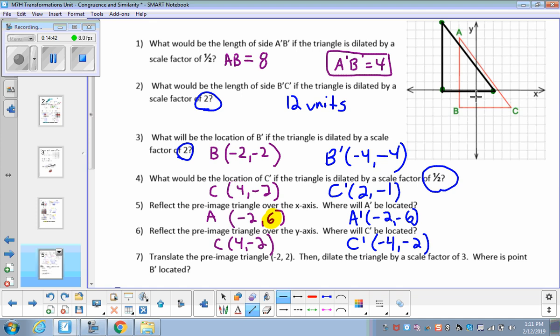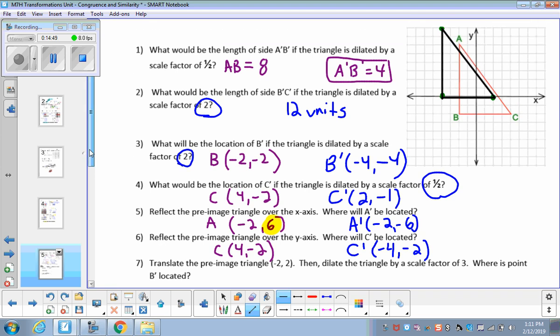But now what we're going to do is dilate this triangle by a scale factor of 3. After we dilate it by a scale factor of 3, the only thing I want to know is where will B prime be located. So B started out here. We moved it back to, up to, and now here's where we're at. This ordered pair from the origin is at negative 1, 2, 3, 4, 0.